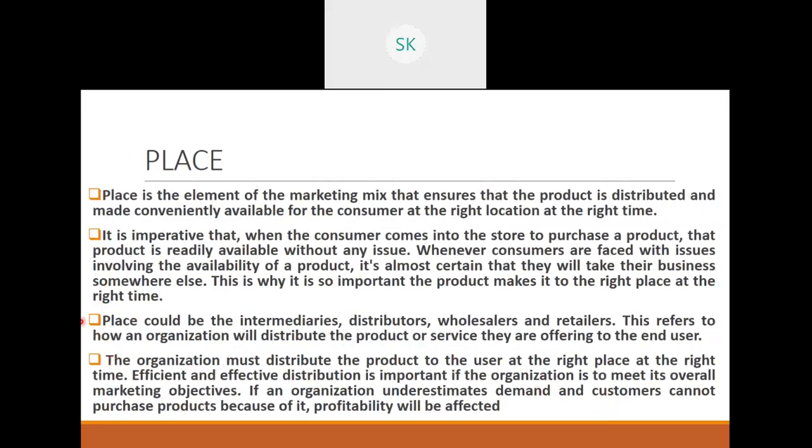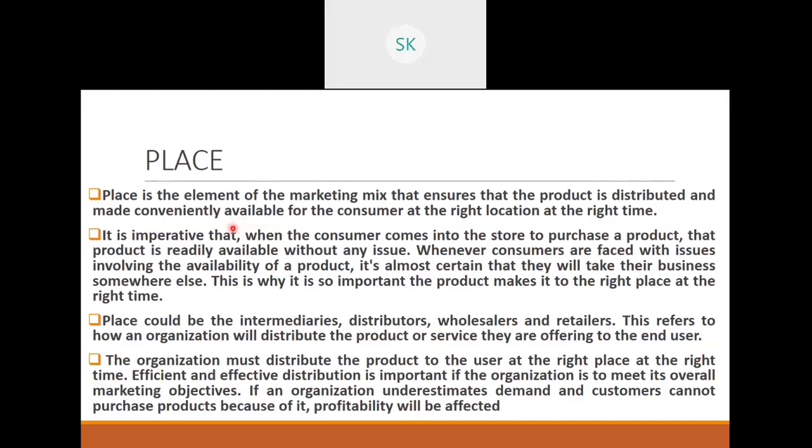Okay, a little more explanation about place. This is quite important. They can ask you to write a note on place. Let's understand. Place is the element of the marketing mix that ensures the product is distributed and made conveniently available to the customer at the right location.